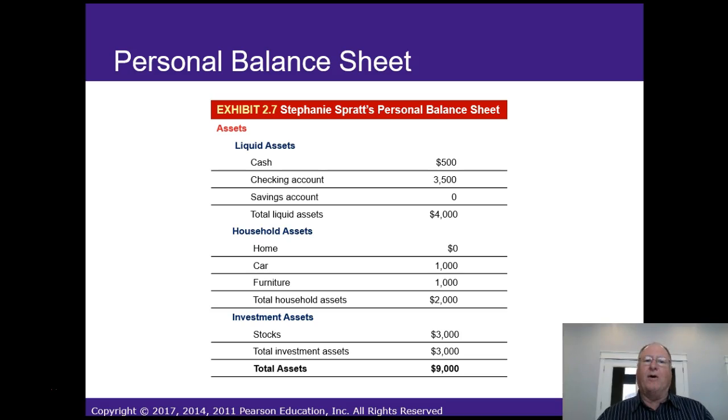Same with the savings account. Household assets are those things that are normally owned, like a home, car, furniture, some of those kinds of things. Stephanie's example here, obviously, is a renter because she has no home on here. But what you should put in household assets is, in essence, what is called fair value.